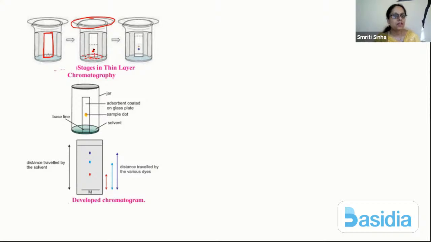The mobile phase will start running. As it runs upward, it will carry the mixture along with it. At the end, if you see this plate, there were 3 compounds in it. You will get the 3 compounds separated on the basis of 2 things. First, how soluble the compound was in the mobile phase, and second, how much it can get adsorbed on this chromatographic plate.